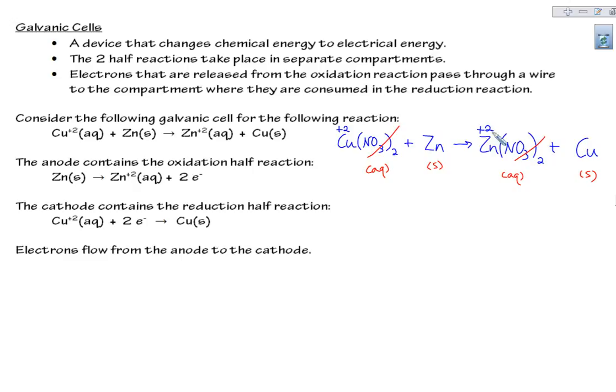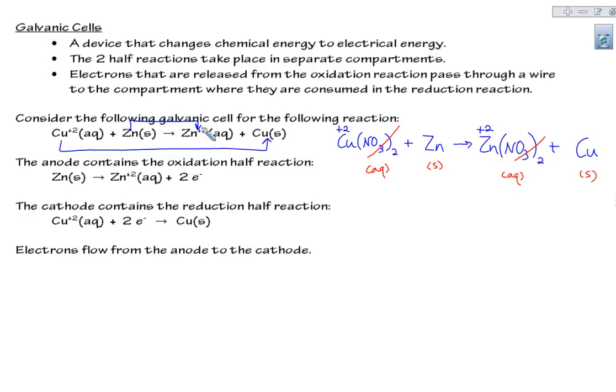All right, perfect. So we can separate the two half reactions. And again, often it's easy to see what goes together. This copper ion will probably go with the solid copper, and the zinc probably goes with the other zinc. And so you separate the two halves, and then we balance them.